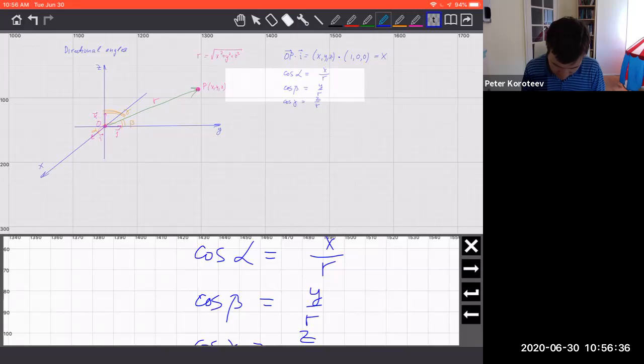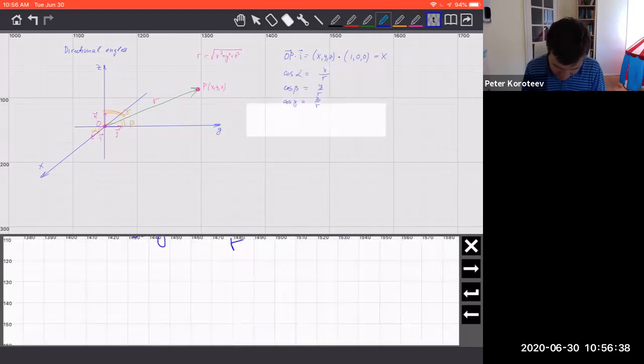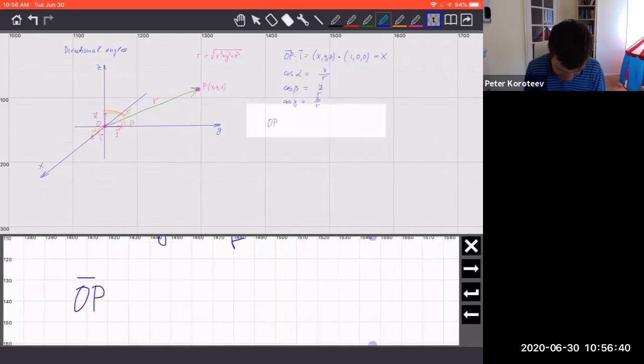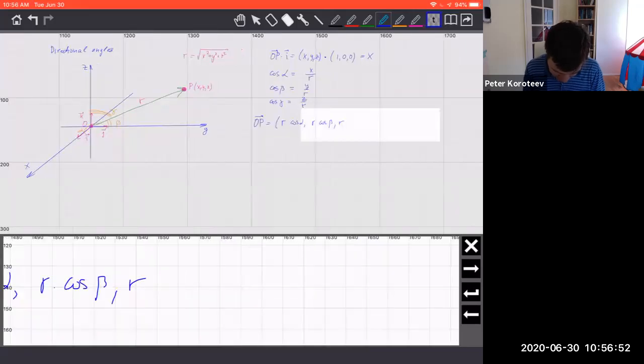That allows us to write the components of the OP vector in a different way: R times cosine alpha, R times cosine beta, R times cosine gamma.